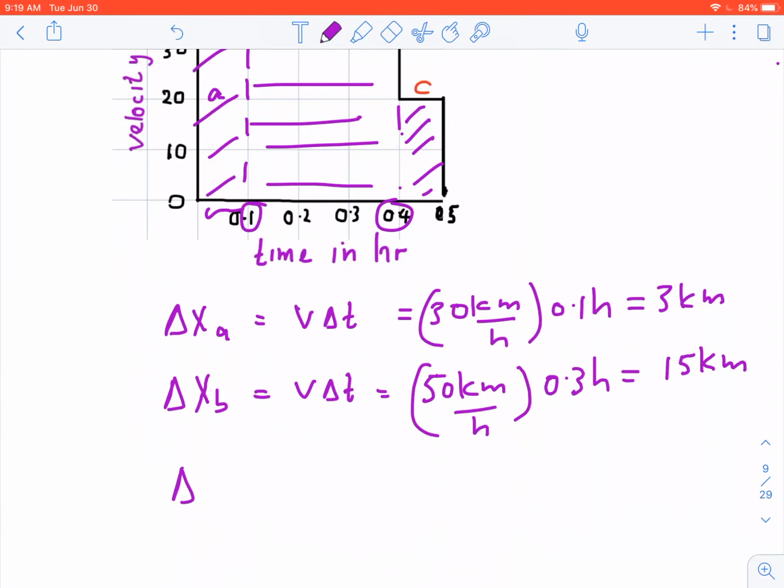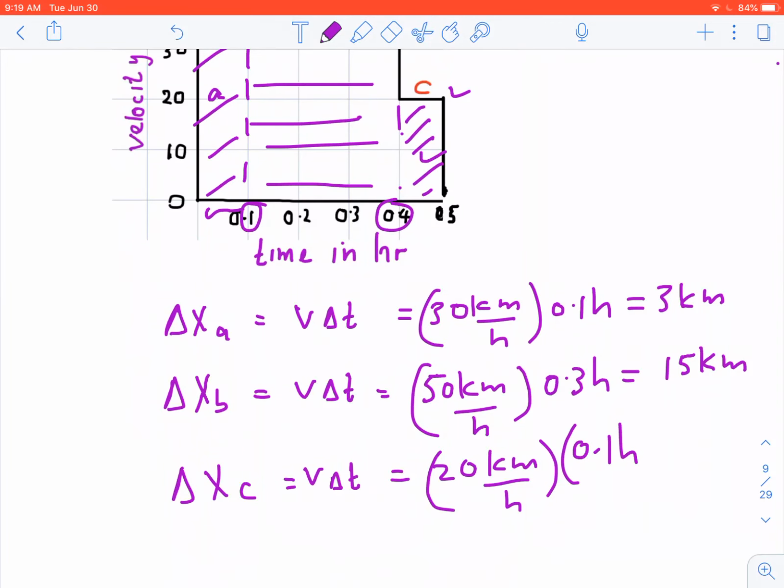Then change in x of C would be v change in t, which is 20 kilometers an hour, and the duration here is 0.1 hours, and that gives us 2 kilometers.